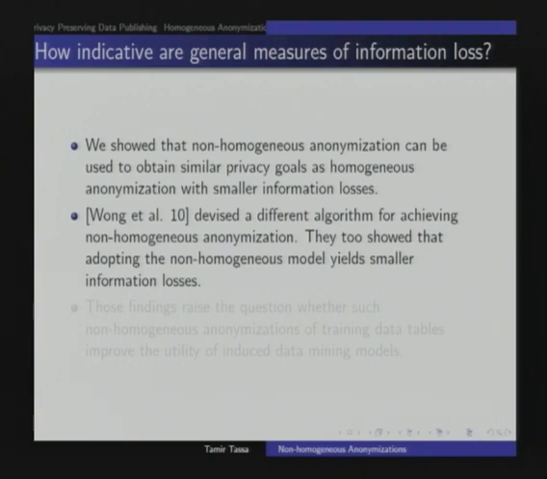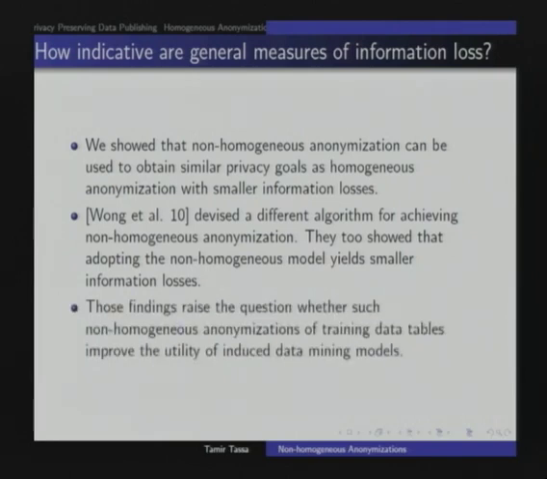Wong, Mamoulis, and Chang devised a different algorithm for achieving non-homogeneous anonymization, but they too showed the same conclusion, that it can achieve smaller information losses. So those findings raise the question whether such anonymizations of training data could improve the utility of data mining models that could be learned from such training data.